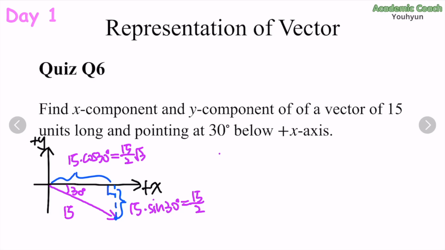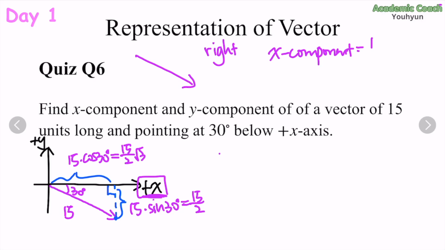And now let's take a look at the direction. The direction is the right bottom corner. So first off, it's moving towards right. Okay, so along x-axis, right represents positive value. So that's why its x component would be positive 15/2 square root of 3.